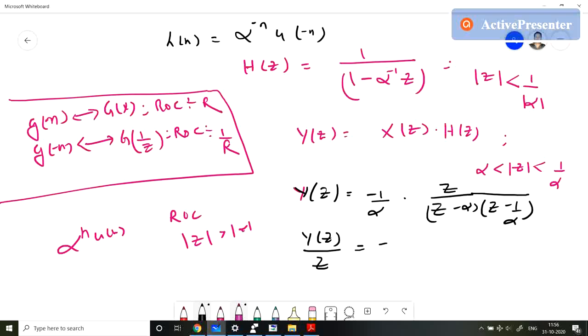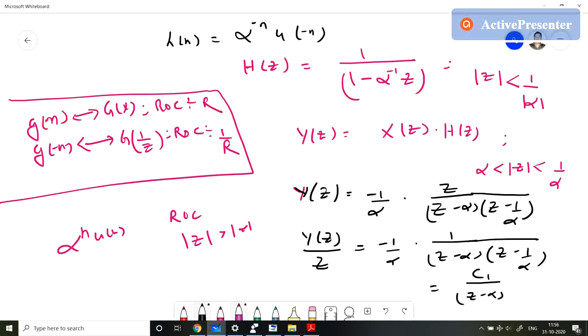So it is minus 1 divided by alpha, 1 divided by (z minus alpha)(z minus 1 by alpha), and that equals C1 divided by z minus alpha plus C2 divided by z minus 1 by alpha. Now we can find the values of C1 and C2.